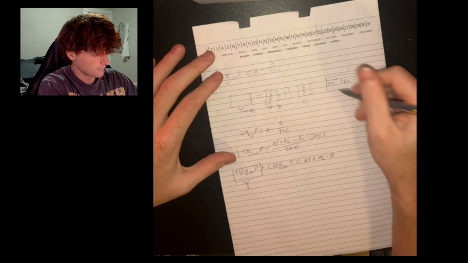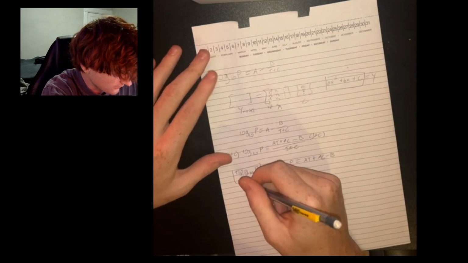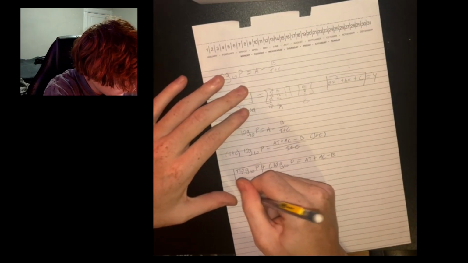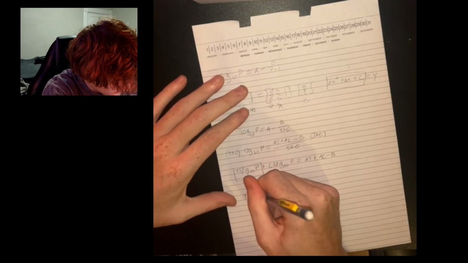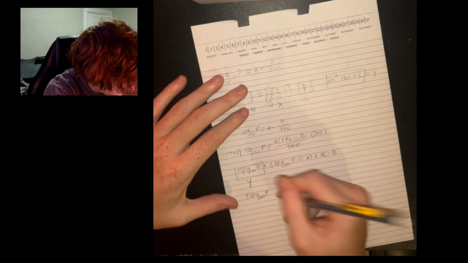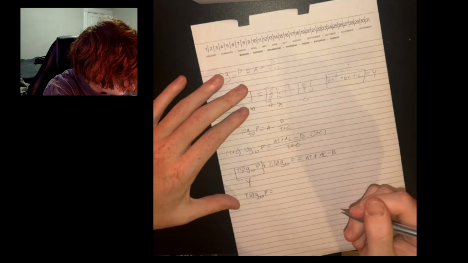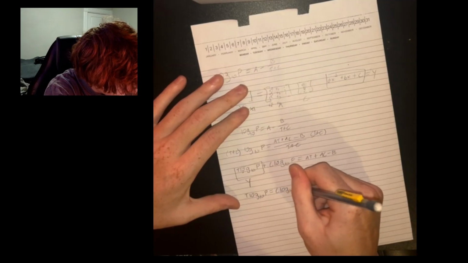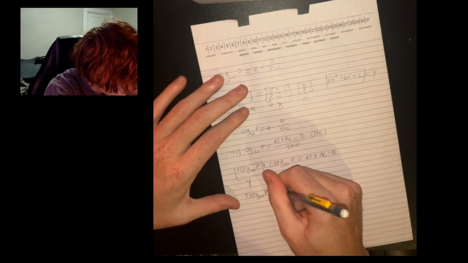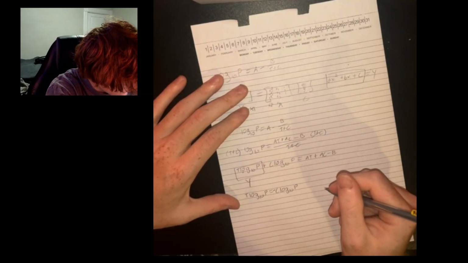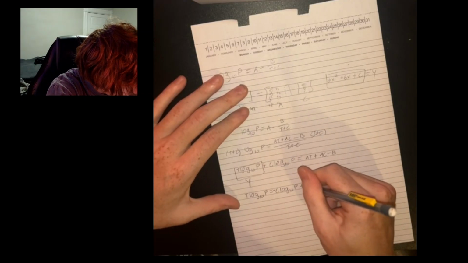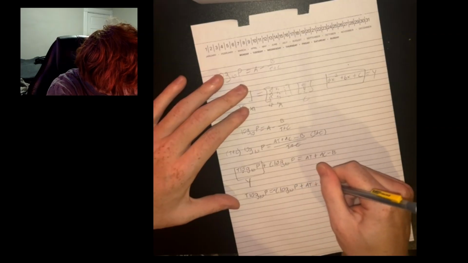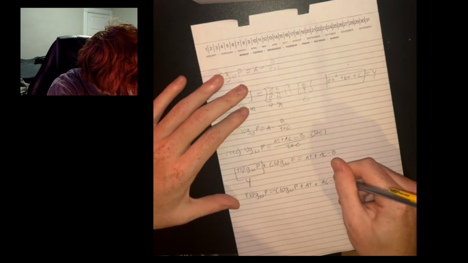This will be our right hand side of this equation. So we have T log 10P is equal to minus C log 10P, and then plus AT plus AC minus B.